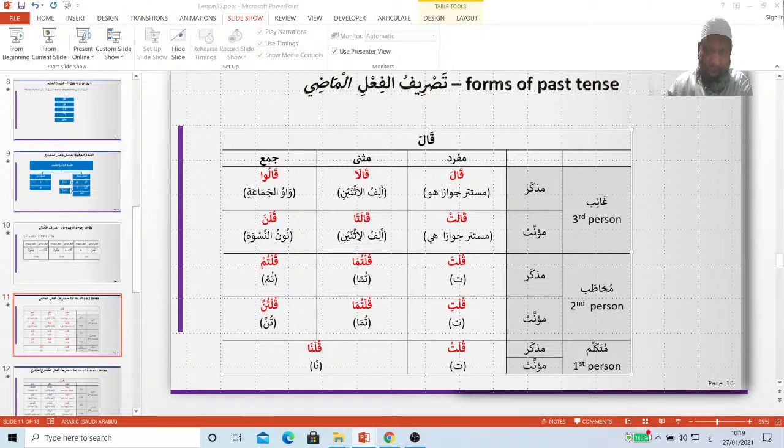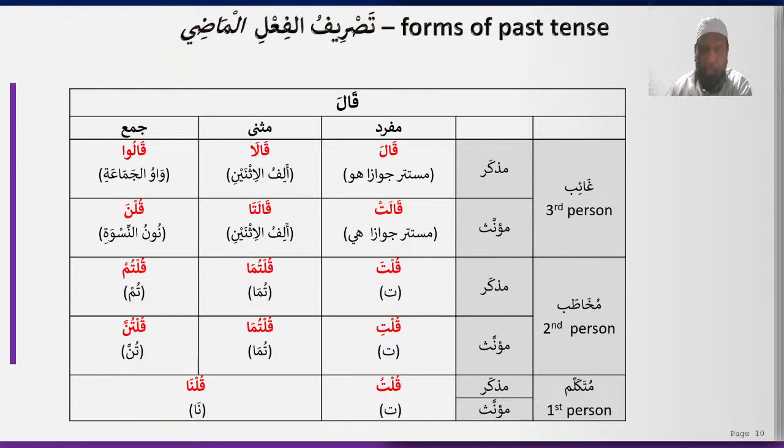Okay, so I hope you understand. So from here, all the rest of the sigas will be the same pattern: قلت, قلتما, قلتم, قلتي, قلتما, قلتن, قلت, قلنا.